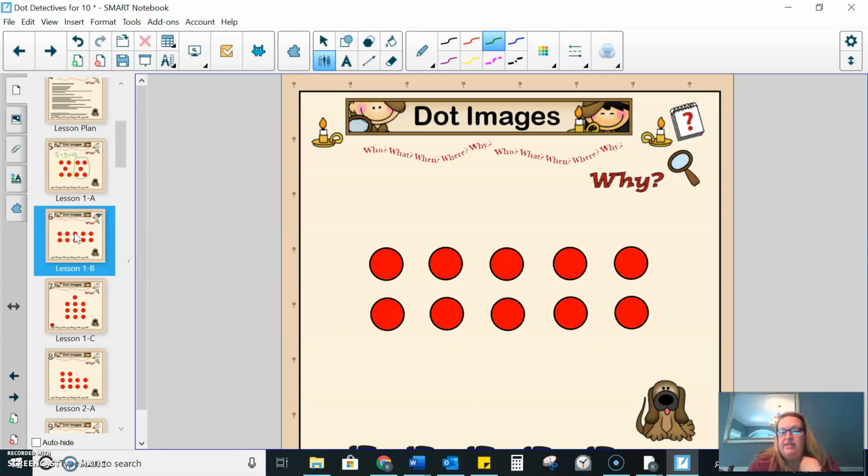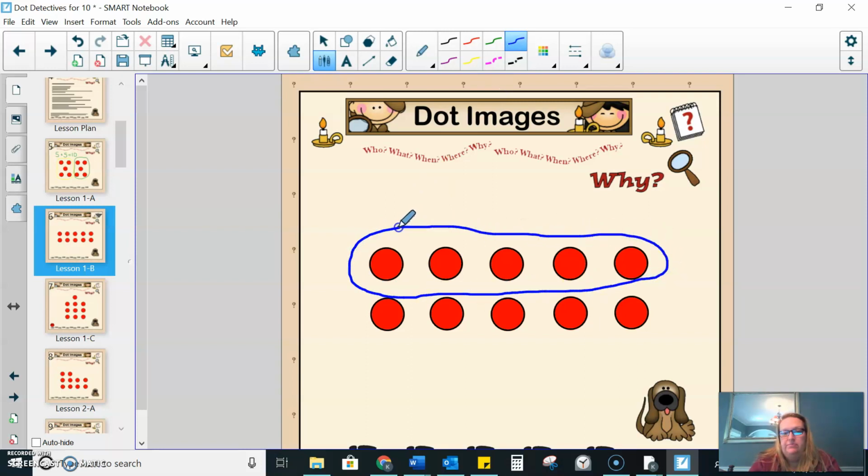So when I look at this group of red dots, I see a 10 frame. And what I see is 5 dots on this top row. You got it. And 5 dots on this bottom row. And I know that 5 and 5 more equals 10.